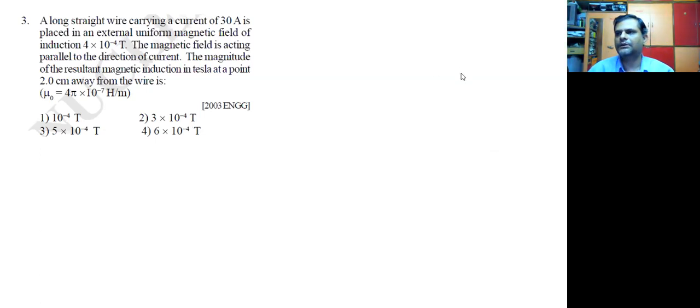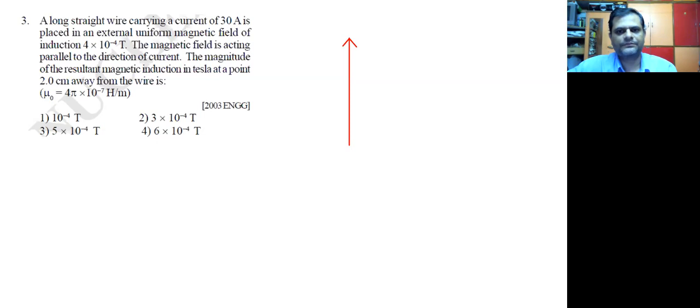See here, a long straight wire carrying the current 30 ampere is placed in an external uniform magnetic field. Okay, so wire can be shown by the red colored arrow like this, which is placed here, and it carries the current of 30 ampere.